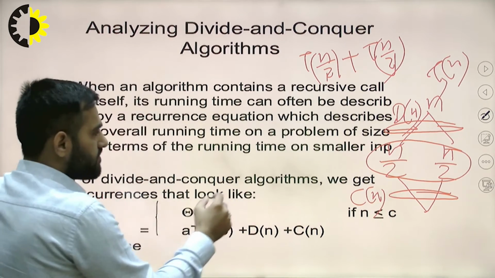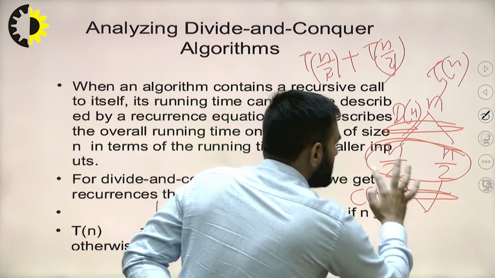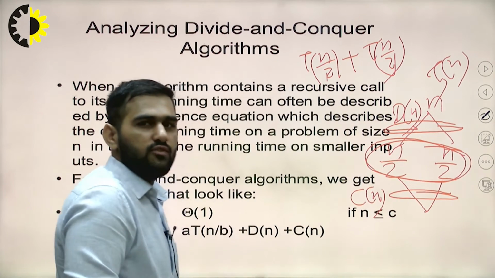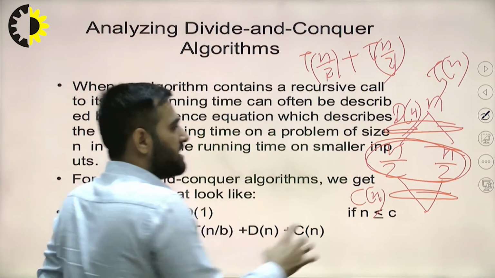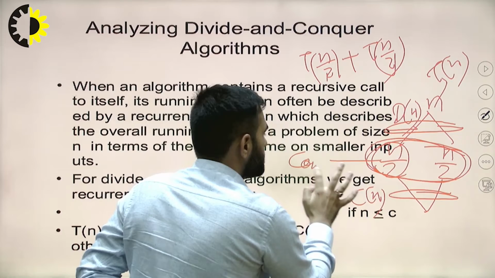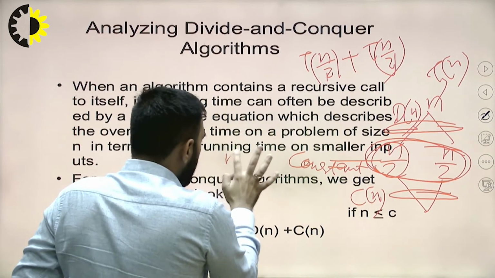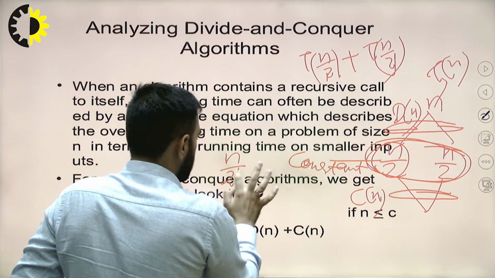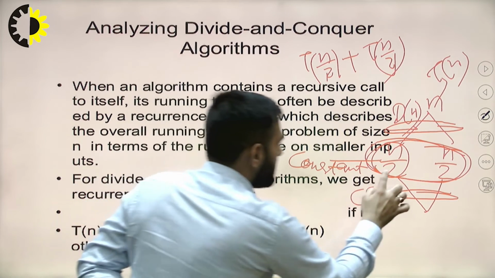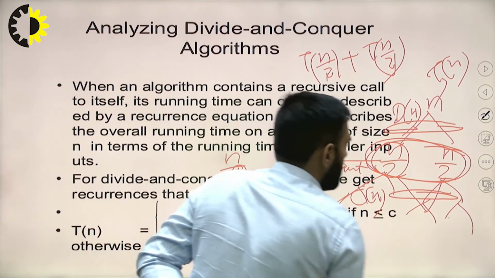Now analyze the time complexity. We will stop when we get the small problem solution, and we are supposing that we get the small problem here only. That means it is a constant c when n by 2 to the power k. What is this k? Recursively we are dividing, and we will stop where?